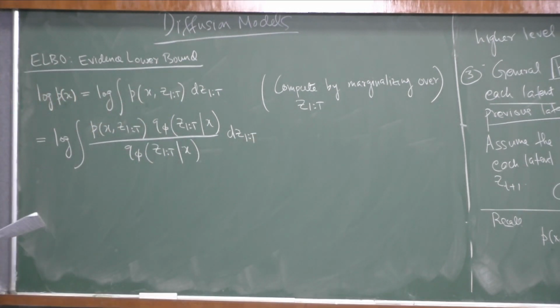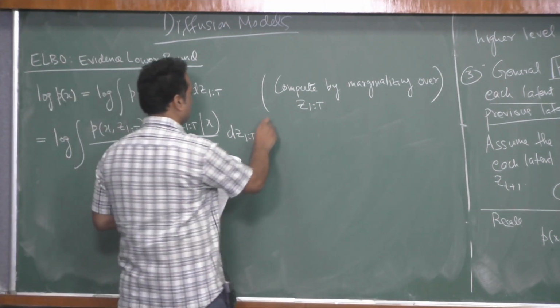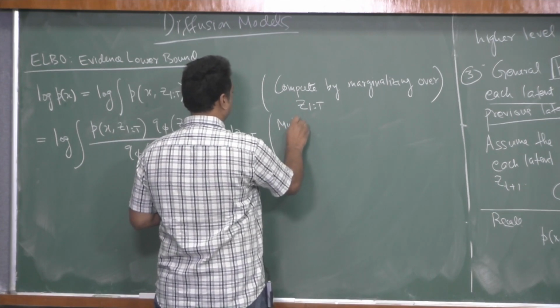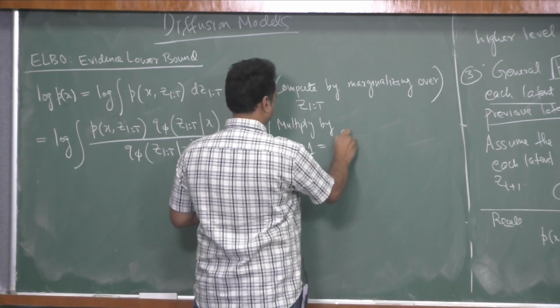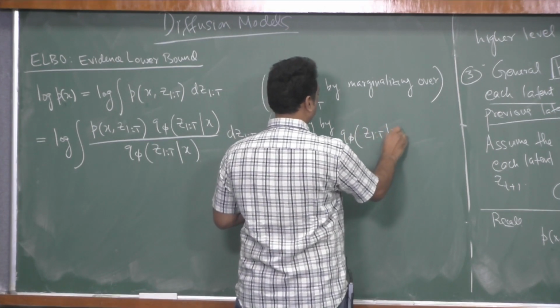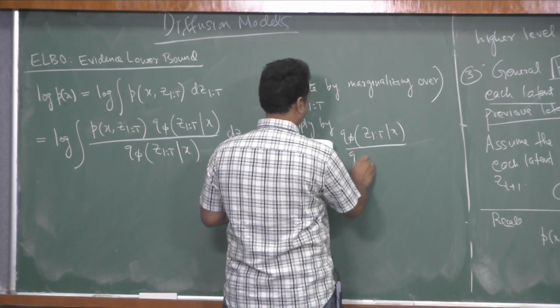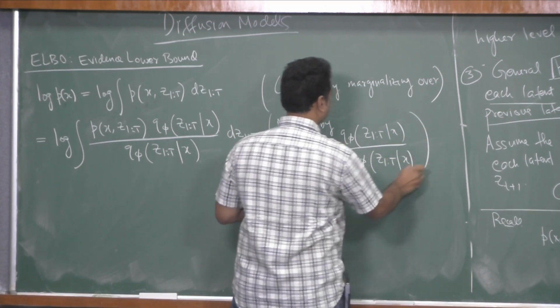So what I have done here, I have multiplied by this quantity q phi and q phi. Okay, so here q phi z1 to t given x divided by q phi z1 to t given x.